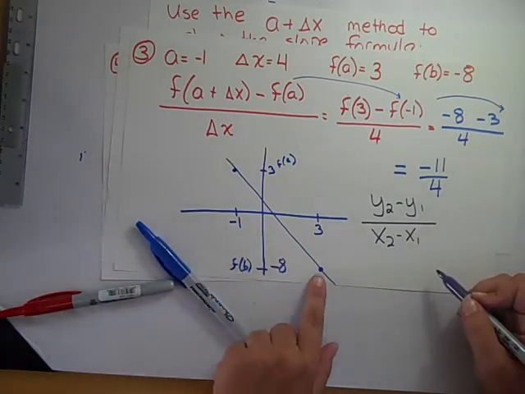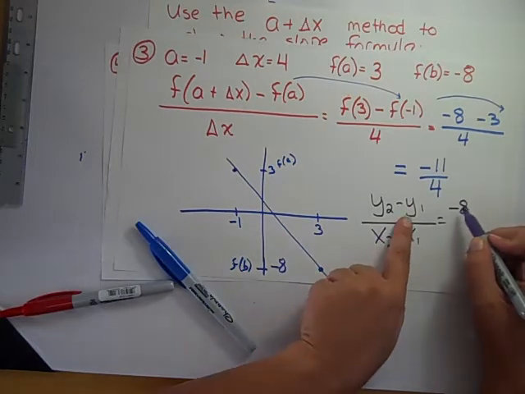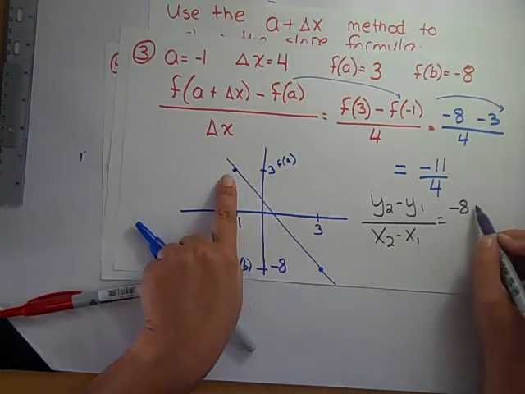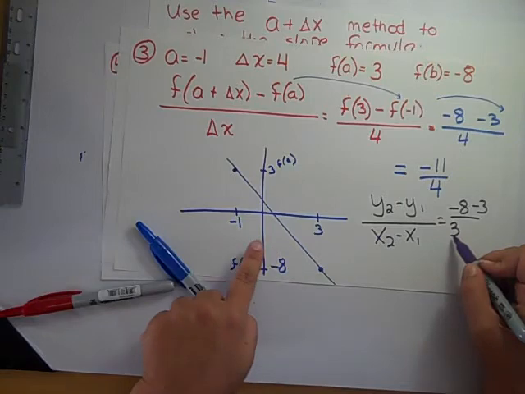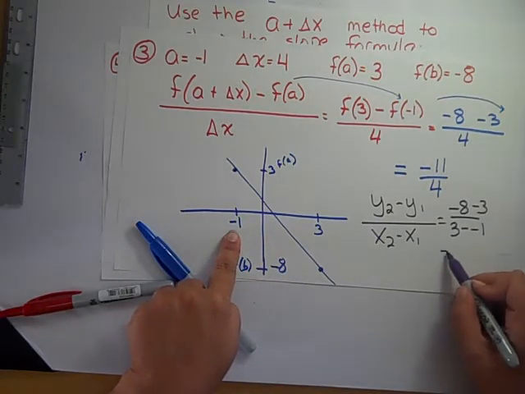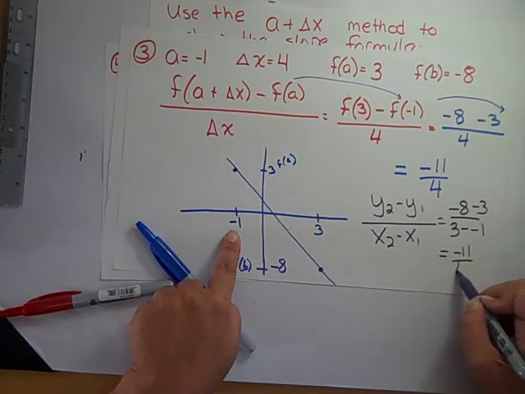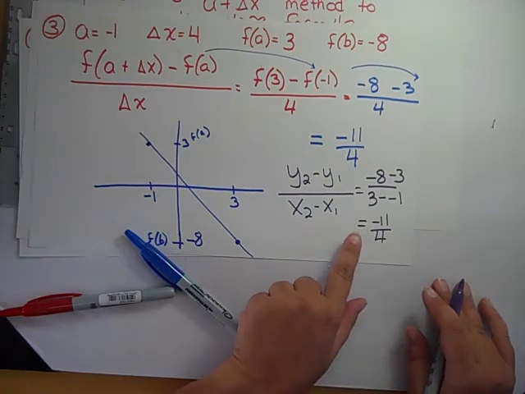So what's y2? -8. What's y1? 3. x2? 3. x1? -1 equals -11 over 4. I hope you could see that. So it's the same thing.